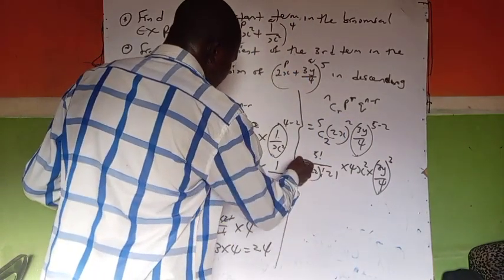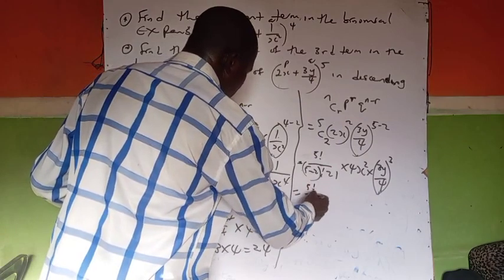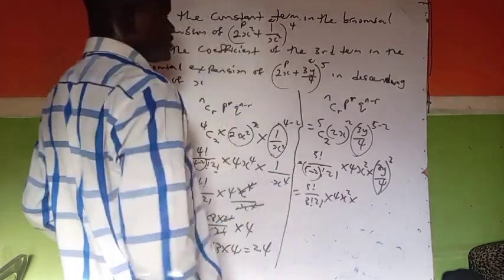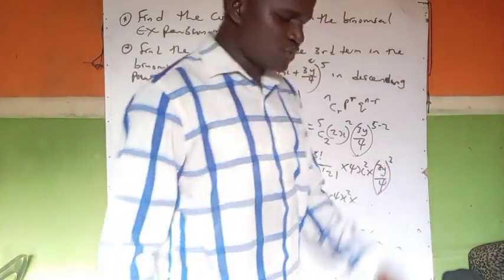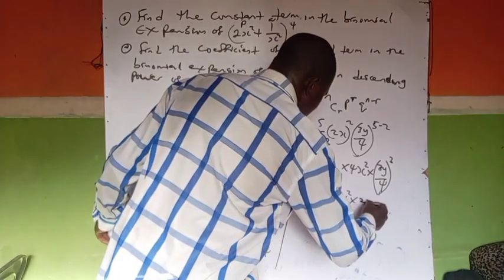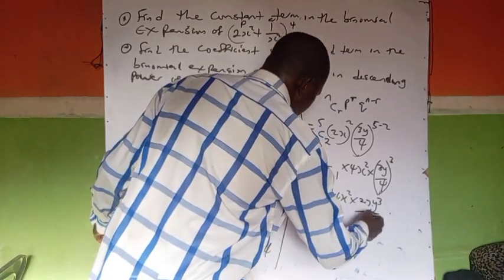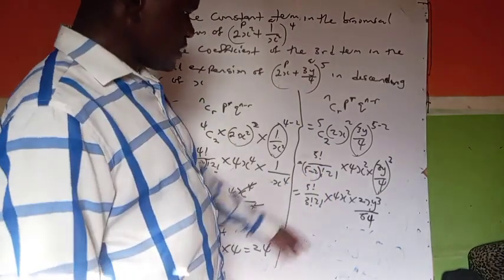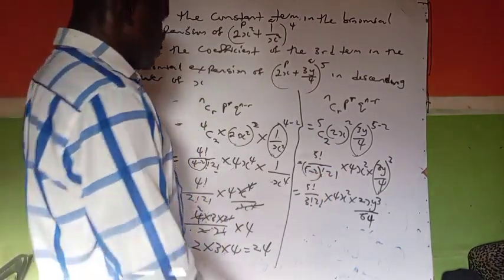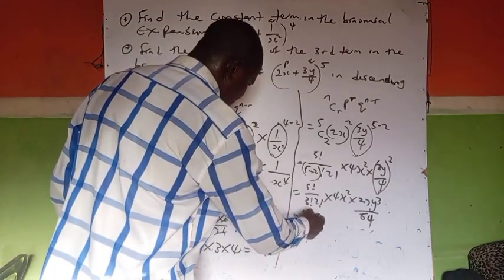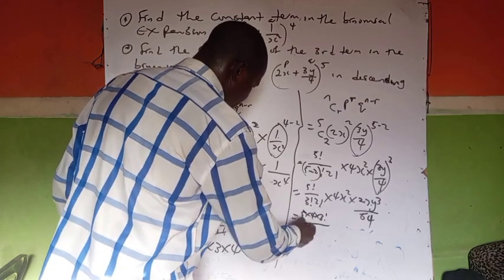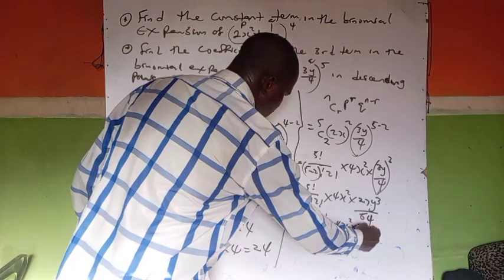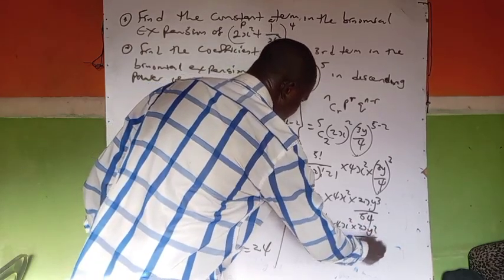So for this one, you have 5 factorial over 3 factorial, 2 factorial times 4x raised to power 2 times what? Now, 3 raised to power 3 is 27. So you have 27y cubed over 64, because 4 raised to power 3 is 64. For this one, if you have 5 times 4 times 3 factorial over 3 factorial and 2 factorial times 4x squared times 27y cubed over 64.